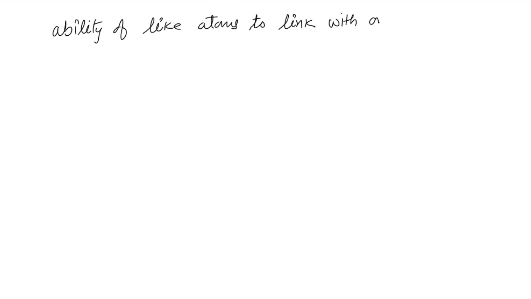So catenation is actually the ability of like atoms to link together. The ability of like atoms to link with each other or with one another through covalent bonds.